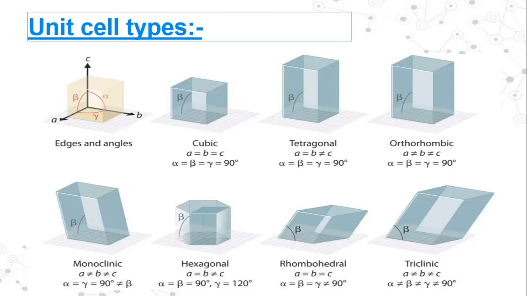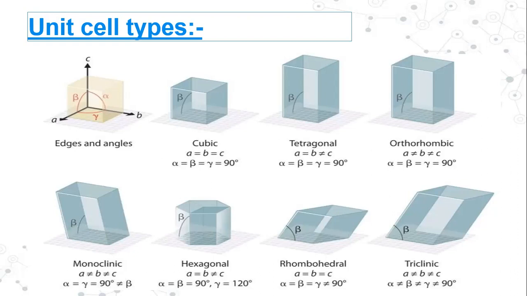Coming to the last one, it is triclinic. In the triclinic, this is in the form of an inclined cuboid or orthorhombic shape. The lengths are not equal for any of the edges, that is A is not equal to B and B is not equal to C. Coming to the angles, these are also unequal.